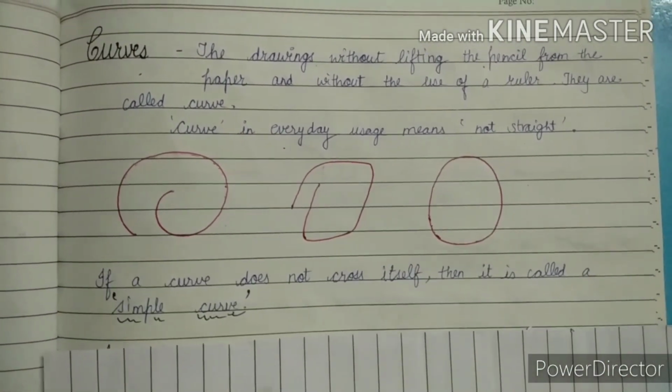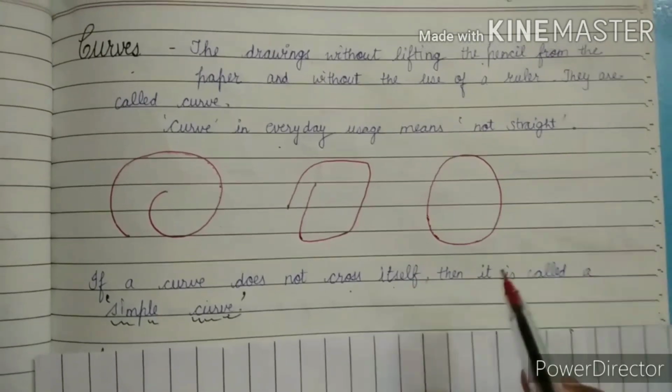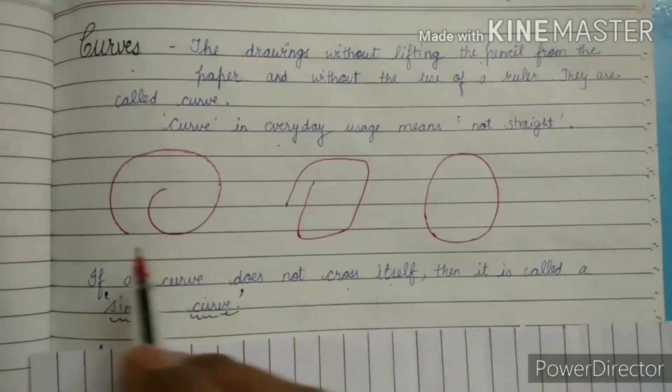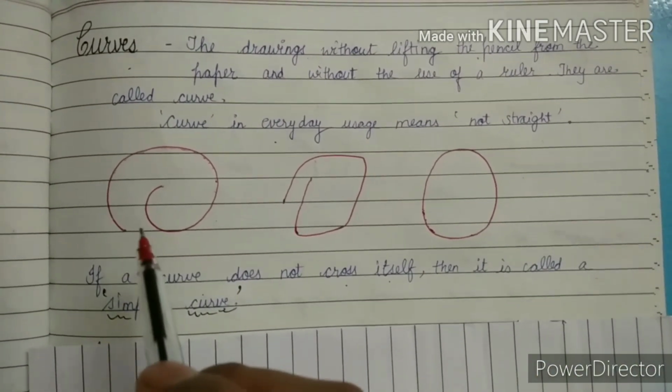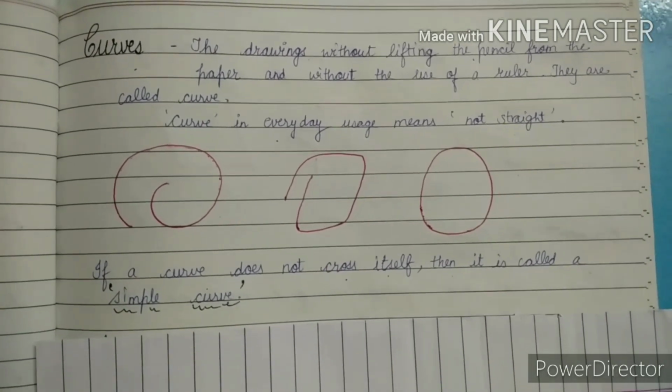Okay, if a curve does not cross itself, then it is called a simple curve. It means when we have a figure whose edges do not intersect each other, all such figures are called simple curves.